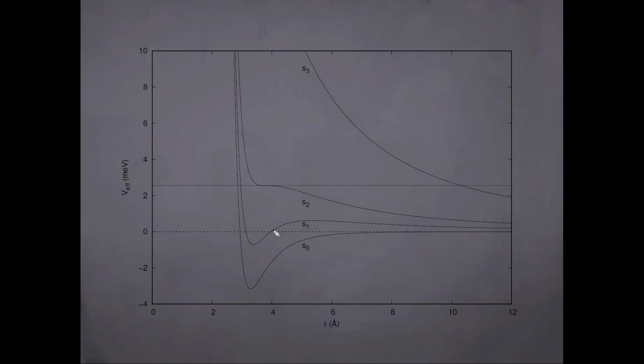This hump develops over a range of impact parameters up until some critical value where it flattens out, and from that point on it vanishes completely, leading to a purely repulsive potential dominated by the centrifugal barrier.